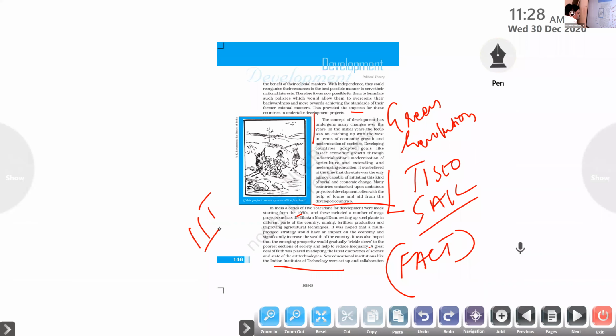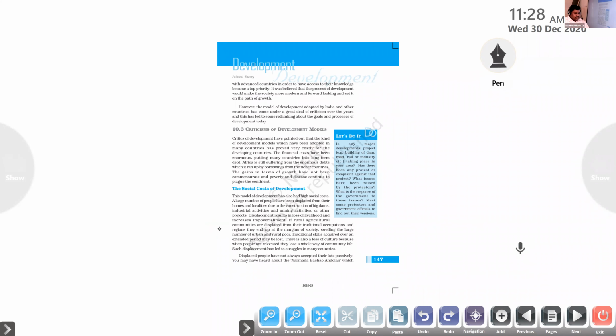A great deal of faith was placed in adopting the latest discoveries of science and state of the art technologies. New education institutions like the Indian Institute of Technology were set up, in collaboration with advanced countries. So all this technological development we achieved by collaborating, linking, and cooperating with advanced developed countries, in order to have access to their knowledge.